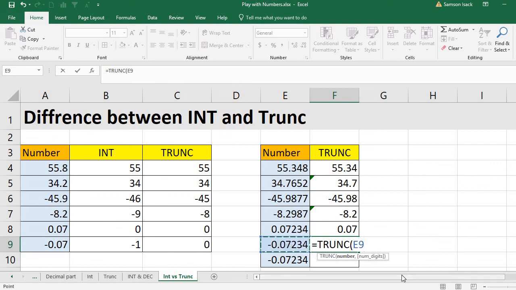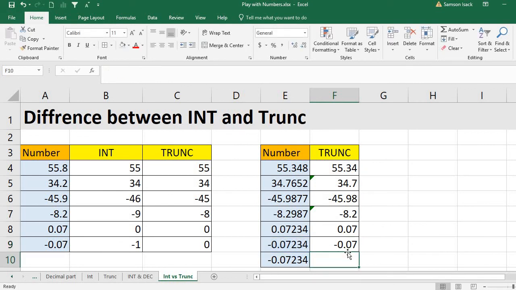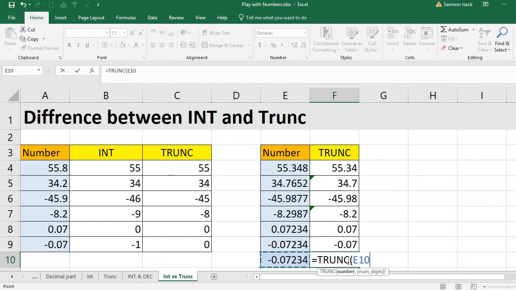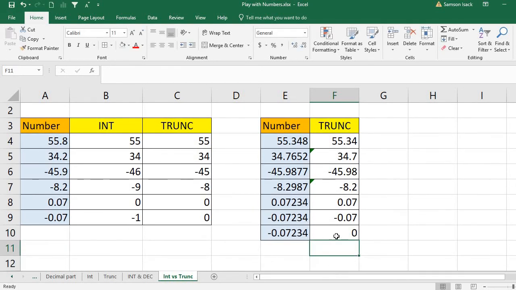TRUNC of this, 2 digits again, minus 0.07. If I give only one digit, which is 0.0, it is 0, minus 0.0, which is 0.